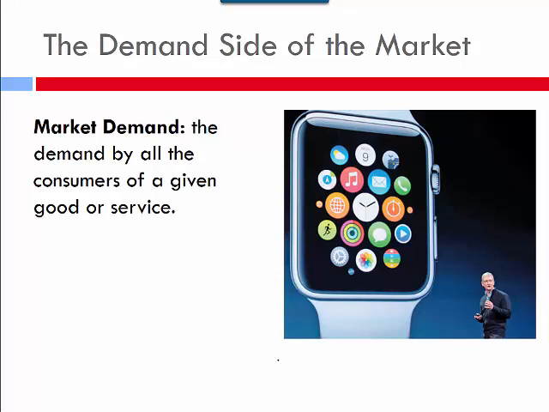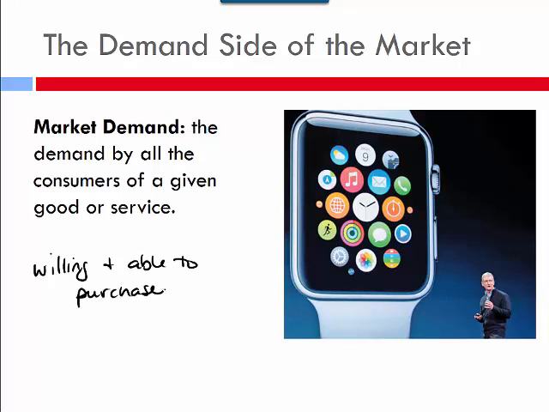So the market demand is the demand by all consumers. So each individual person has a personal demand curve. I would be willing to pay this much for it, or if the price is this, I'm going to buy more, or if the price goes higher, I'm going to buy less, kind of stuff. So to be part of the demand for a product, you have to be both willing and able to purchase it.